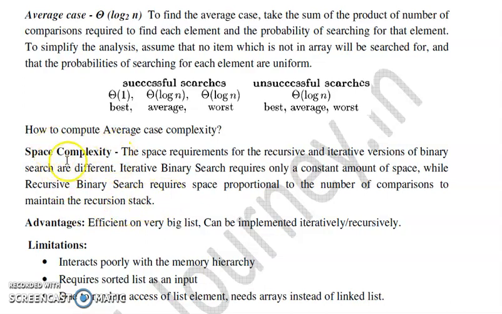So iterative will take some constant amount of space, but for recursive, it depends on the number of comparisons. If the number of comparisons is more, then it will take more space. If the number of comparisons is less, it will take less space. So that is about recursive. But for iterative, there is a constant space which is available in the memory.